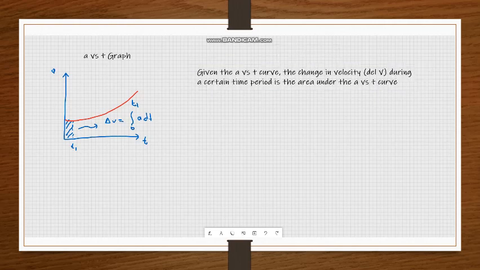It is going to give us the change of velocity.